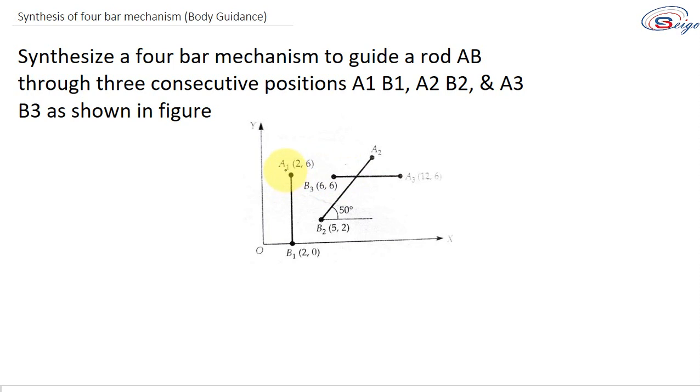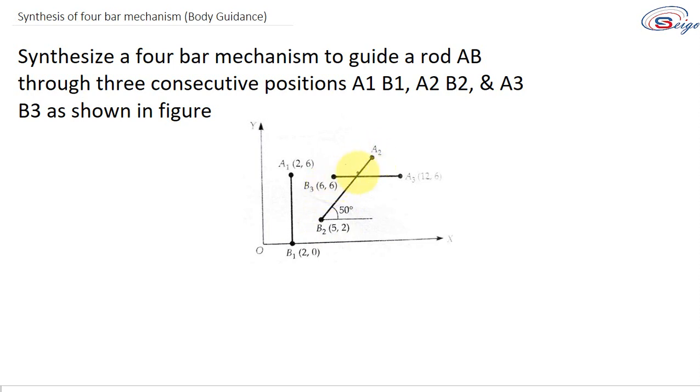You can see that the coordinates of A1 are 2, 6 and B1 are 2, 0. B2 is 5, 2 and it's inclined at an angle of 50 degrees with the horizontal. A2 can be marked by taking the same distance A1, B1 from point B2 at an inclination of 50 degrees.